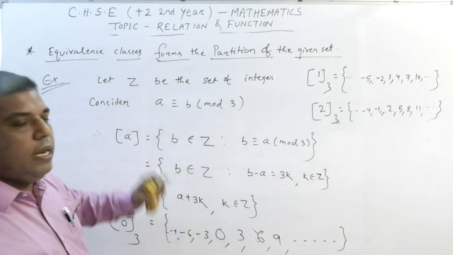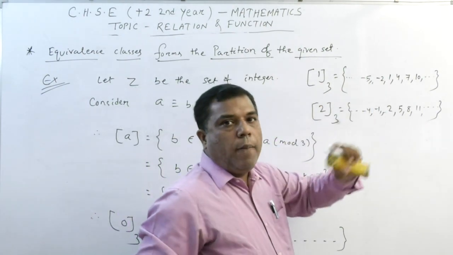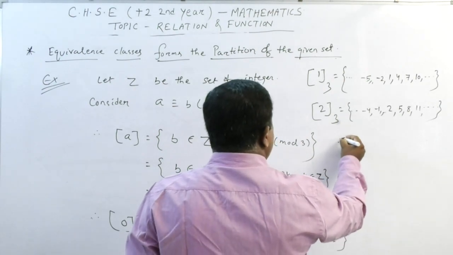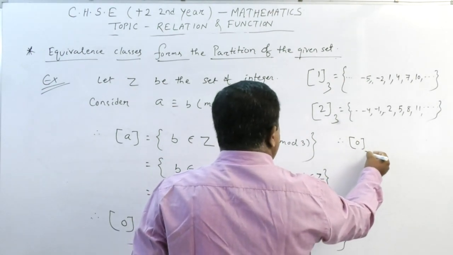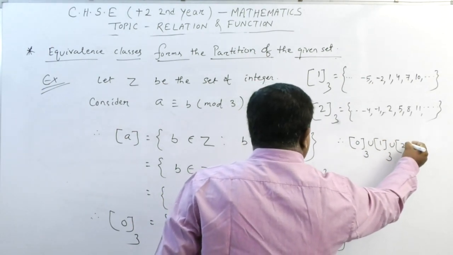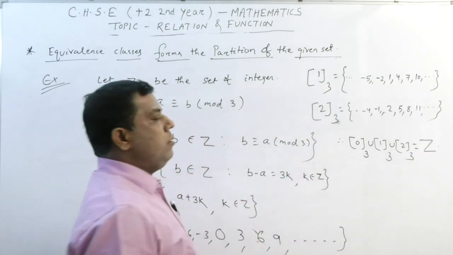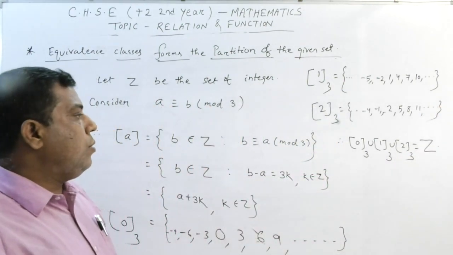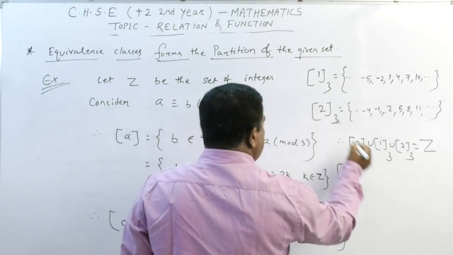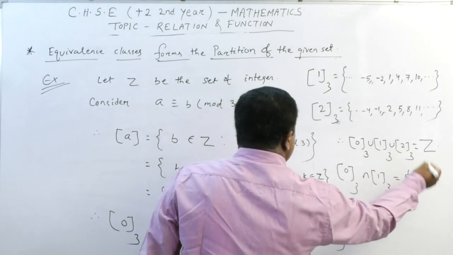the congruence modular relation are forming the partitions. Therefore I can write: congruence modulo 3 union congruence modulo 1 union congruence modulo 2 is equal to the set Z, and their intersection is equal to phi.